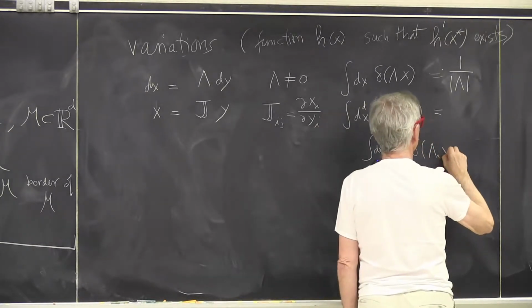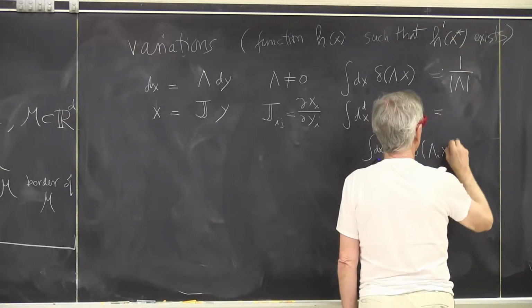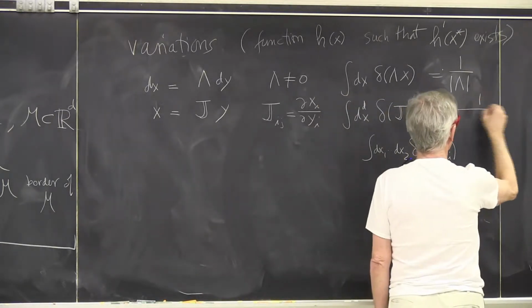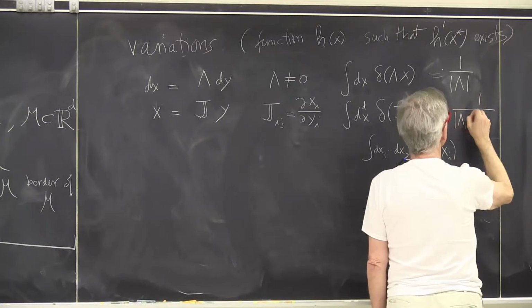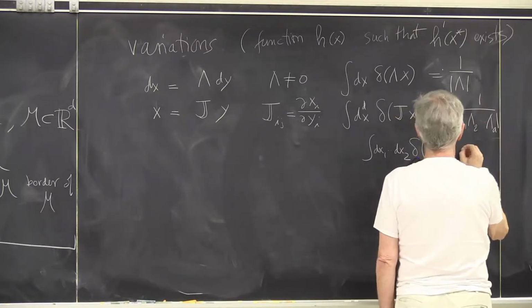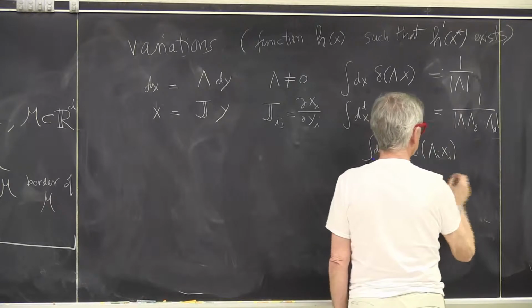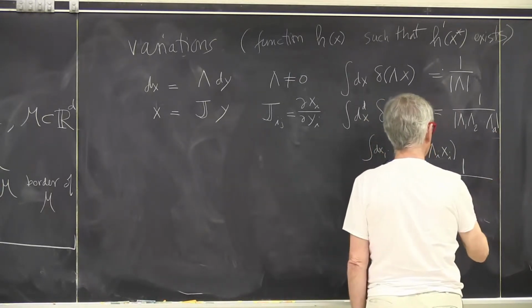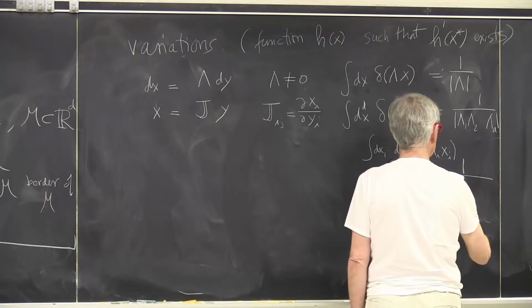Coordinate transformation x_i, and then you evaluate it for each one of them, and you get a product of these things, which you realize you can write as a product of eigenvalues, but that's one of the definitions of the determinant of the Jacobian.